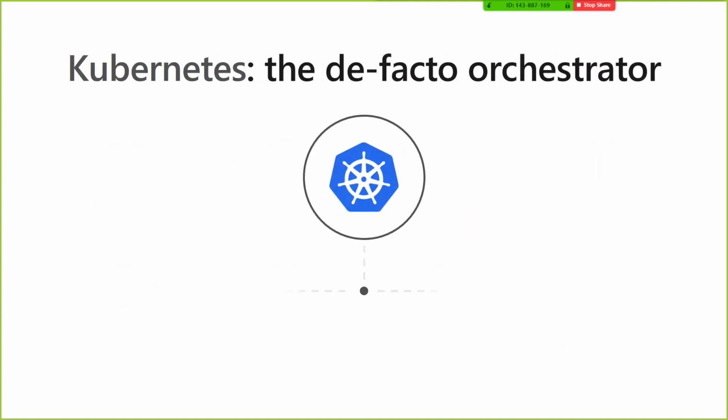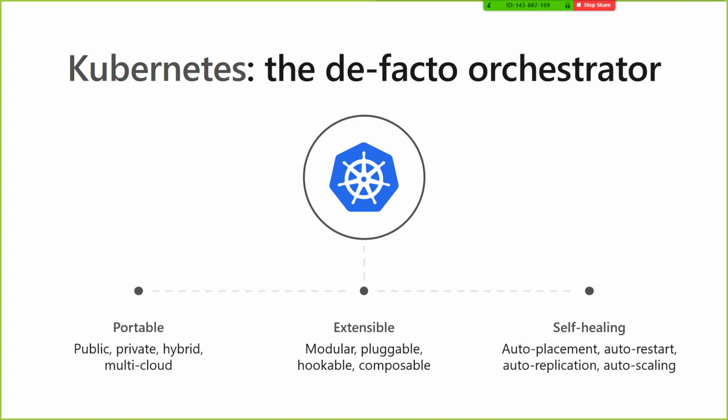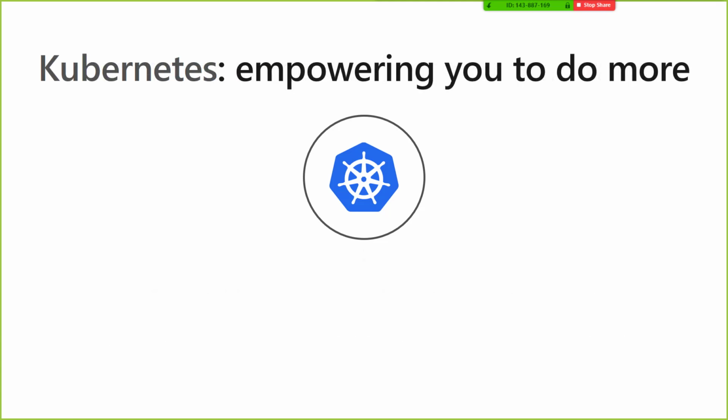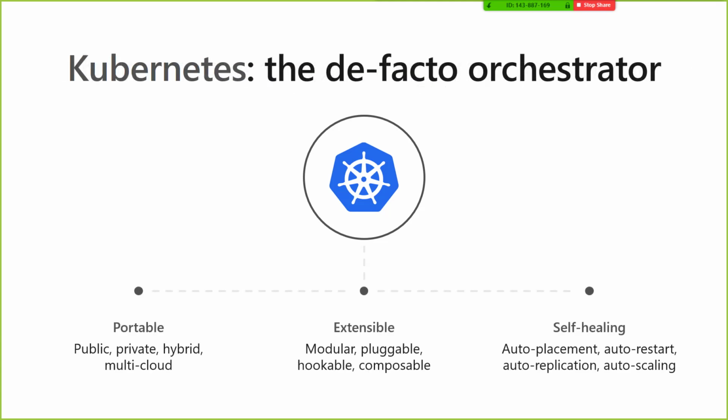And by far, Kubernetes is the de facto orchestrator for containers. Again, remember I said it's not the only orchestrator, but it's the most popular orchestrator for containers. As shown here, it provides things like self-healing, automatic placement, automatic restart, automatic replication, automatic scaling.